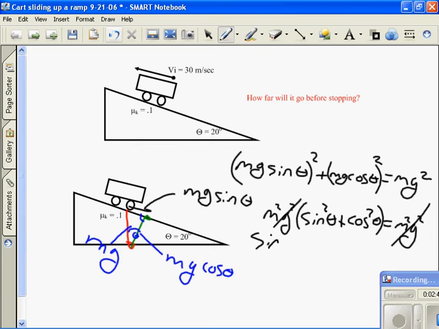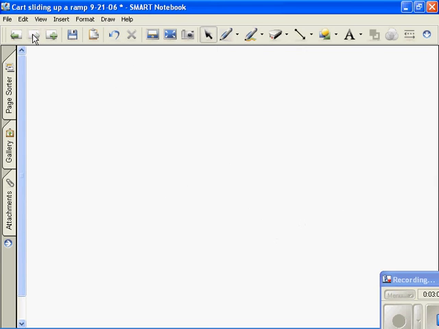And lo and behold, one of your trig identities. We basically just derived that mg sine theta thing. Let's go to the next page.